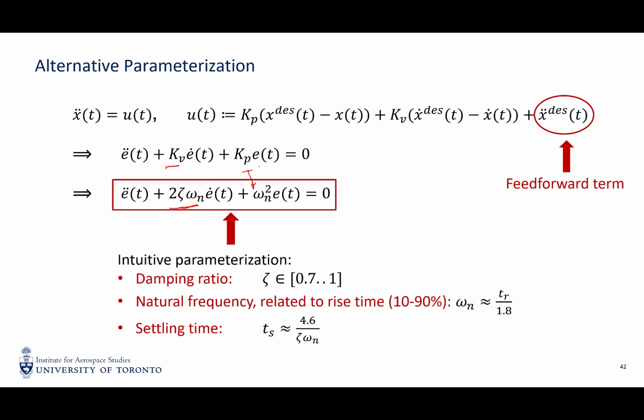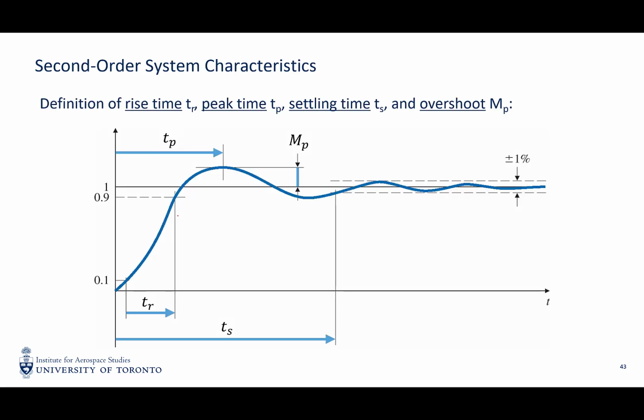And if you set a settling time, then the zeta and the omega n should also satisfy this relationship. So basically, if we want to achieve a desired performance, such as settling time and rise time, then you need to calculate omega n and zeta, and use these 2 variables to form Kv and Kp. Good? Okay. So that's the definition of rise time, settling time, and peak time.